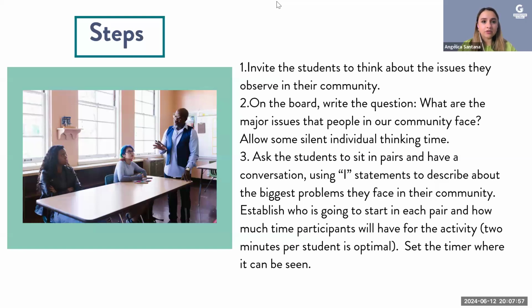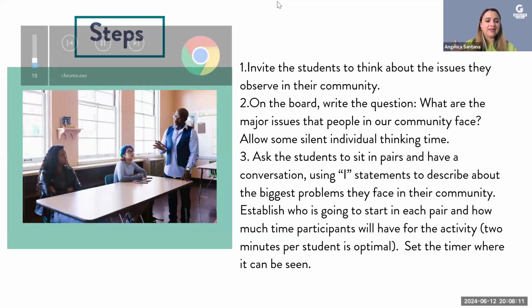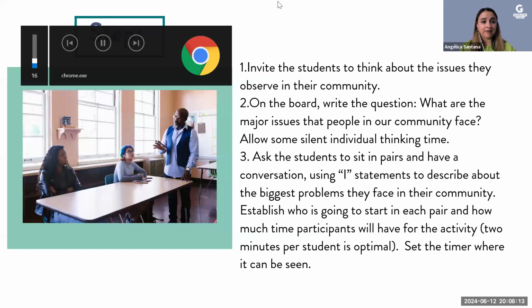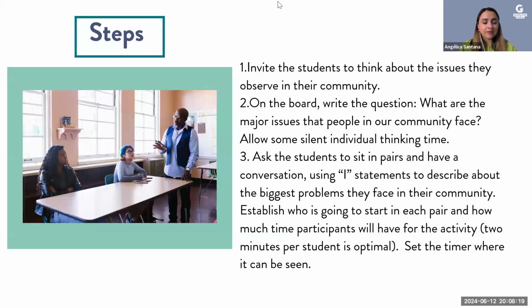You can help your students reflect on this question by writing it on the board: What are the major issues that people in our community face? In that sense, you are making them reflect. You can allow some silent time for them to think about that question. And then this is where it gets interesting.